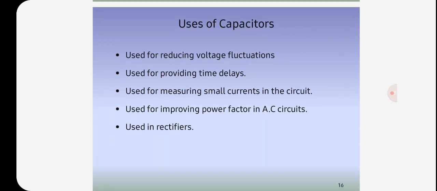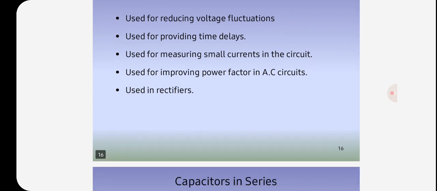Used for reducing voltage fluctuations, for providing time delays, for measuring small currents in the circuit, for improving power factor in AC circuits, and in rectifiers.